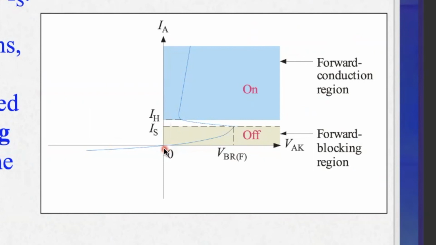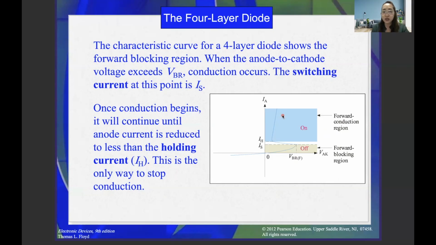During the time that the breakover voltage is not met, it is in the off state. But when the switching current is met, the device will switch on into conduction. Once the conduction begins, it will continue until the anode current is reduced to less than the holding current. This is the only way to stop the conduction.